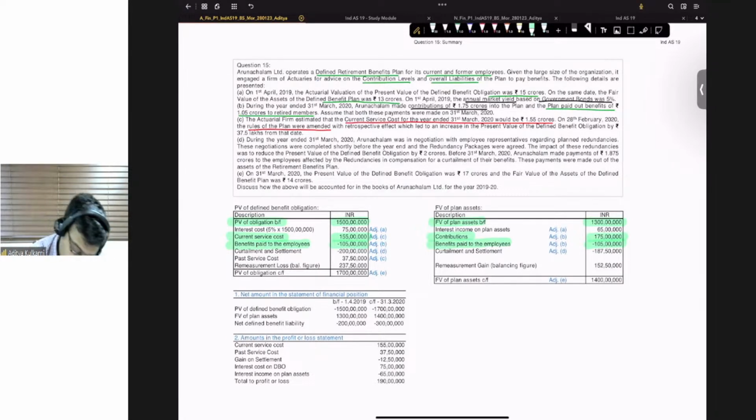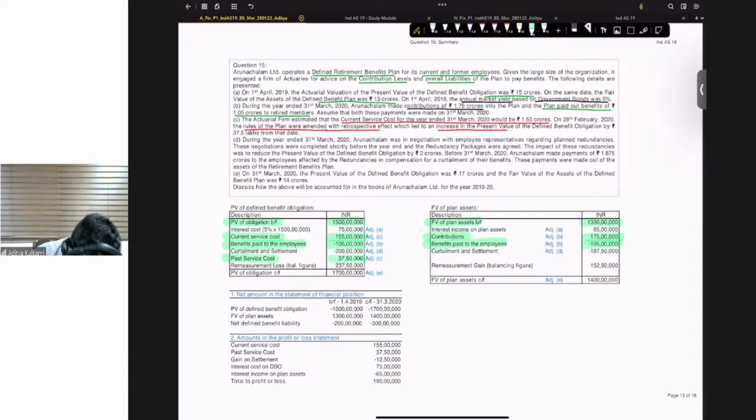Coming to the next part, the rules of the plan were amended with retrospective effect. That means this is a plan amendment which led to an increase in the present value. This is nothing but a past service cost. In our example, 1% became 2.5%. We amended the plan retrospectively, so on the date of amendment we took that impact in the profit and loss, but it is increasing the obligation. So it is a past service cost, 37 lakh 50, increasing the obligation.